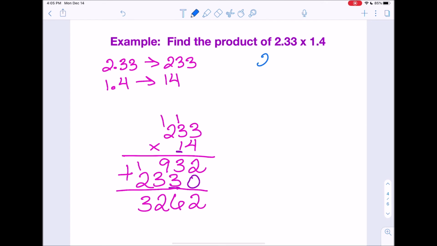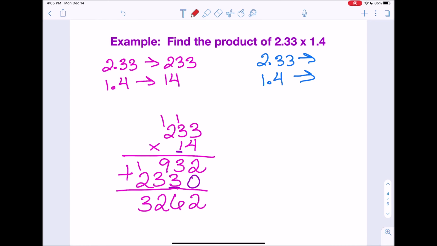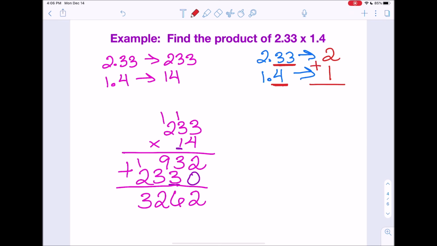So once again, I have 2.33, and we're looking for how many place values, and 1.4. So in 2.33, there are 2 numbers after the decimal. So that's 2 place values there. On 1.4, there's only 1 number after the decimal. So that's going to give us 1 place value. I add them all together and I get 3.